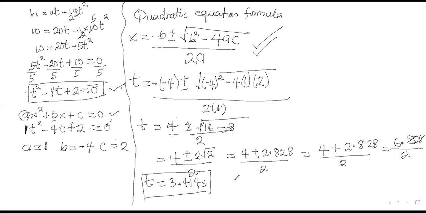The second possible answer for t would be 4 minus 2.828. I'm doing this because it's plus or minus, so you must consider plus and then minus. What is 4 minus 2.828?